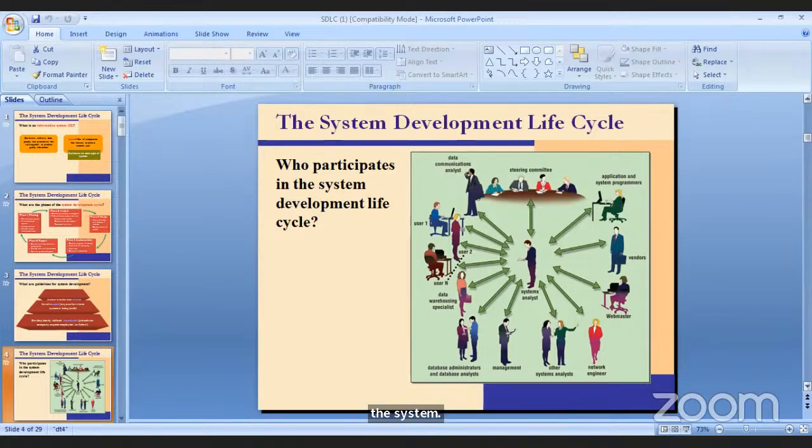Then application system programmers, vendors, webmasters, network engineers, system analysts, management, database administrator, database analysts, and data warehousing specialists. So many persons are involved during the SDLC, system development life cycle.